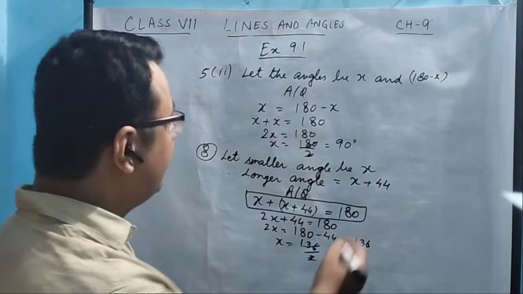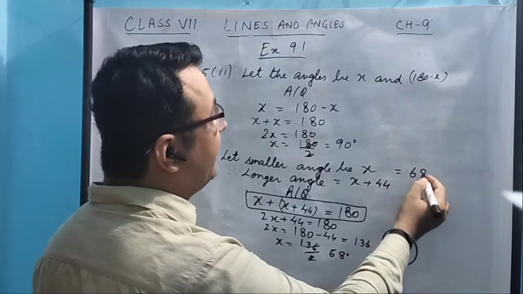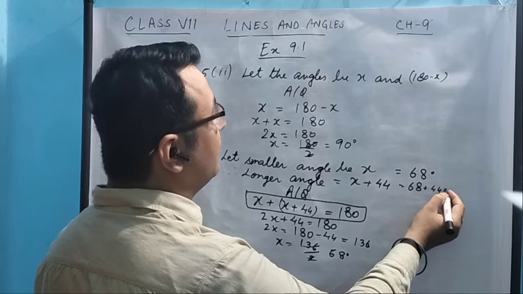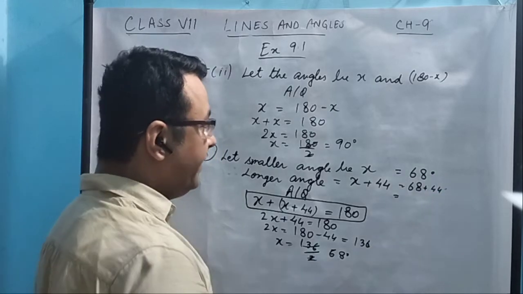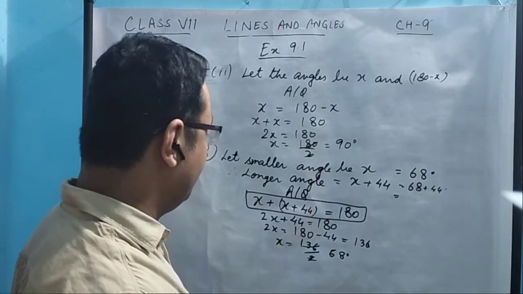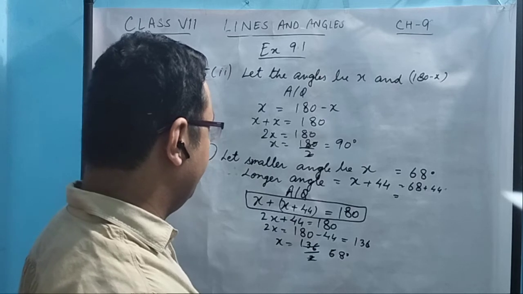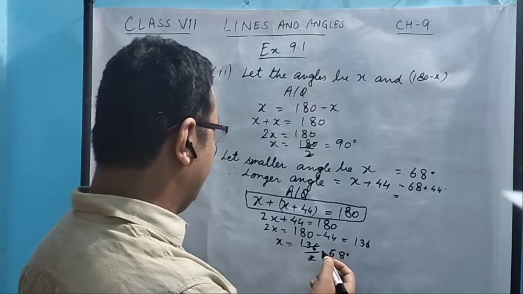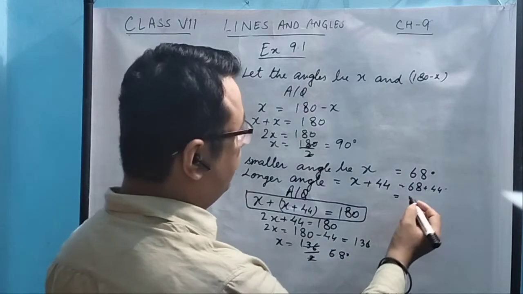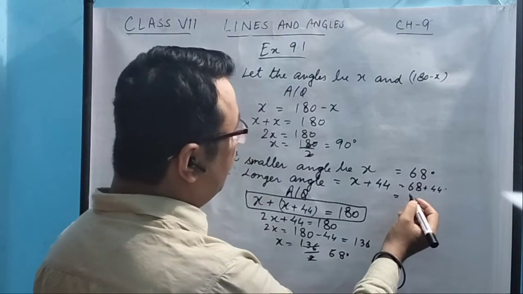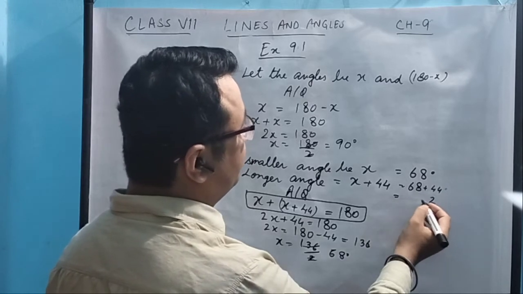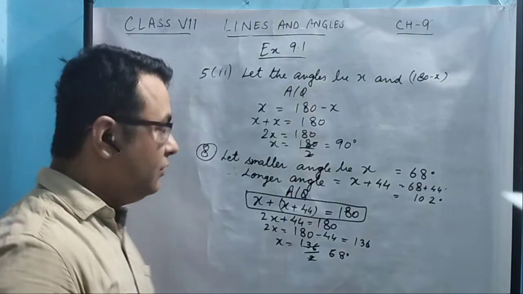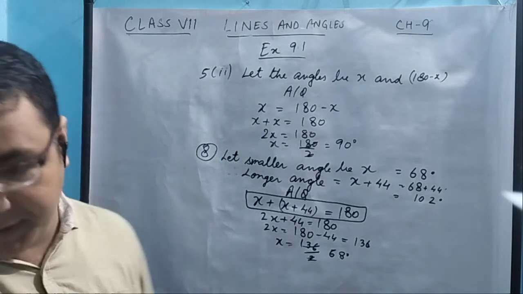So the smaller angle is 68 degree and larger angle will be 68 plus 44. Larger angle will be how much? 102 degree. So this is how we will solve question number 8.